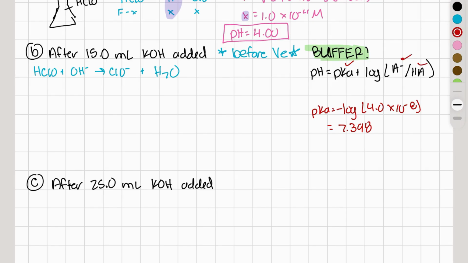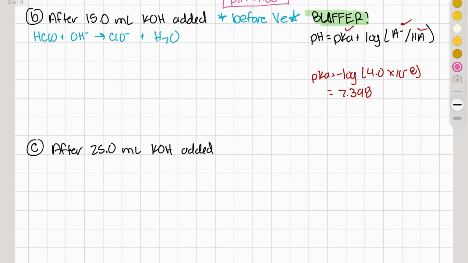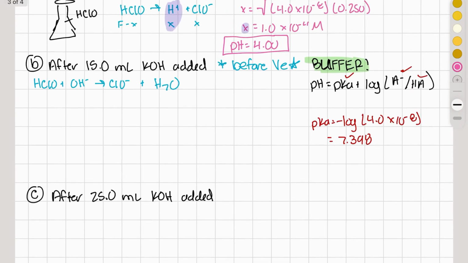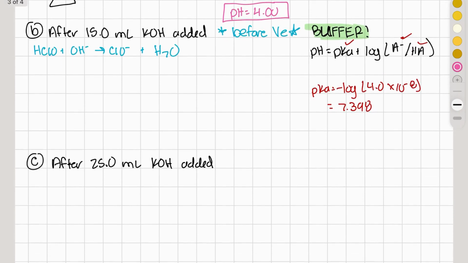I'm going to use that fraction method that we saw in class just because that worked well for me. So let's see. At this point of the reaction, at the beginning, we had, because remember, at the beginning it was just this HClO. So we had, all of it was this. So I'm just going to say 50 out of 50. But then we added 15 milliliters of that OH.